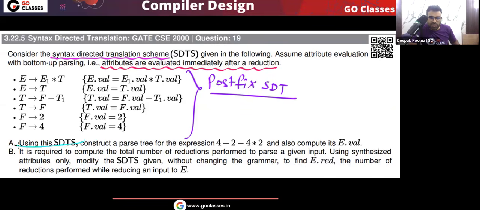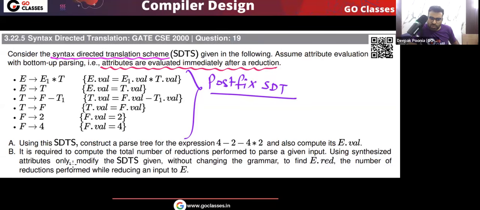Now, using this SDT, there are two parts, part A and part B. Part A is saying: using this SDT, construct a parse tree for the expression 4 minus 2 minus 4 into 2 and also compute its E dot value. This is part A. Part B asks to compute the total number of reductions performed to parse a given input.